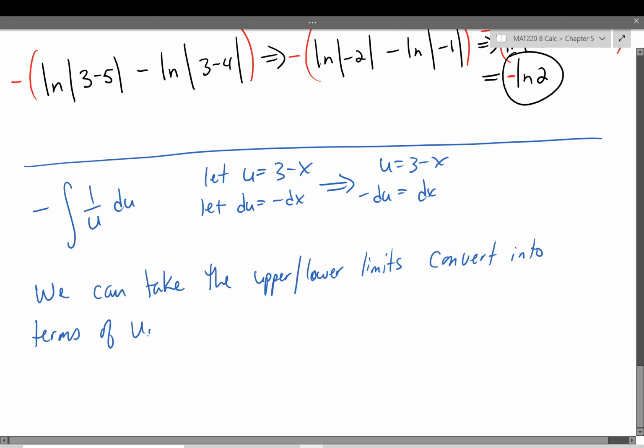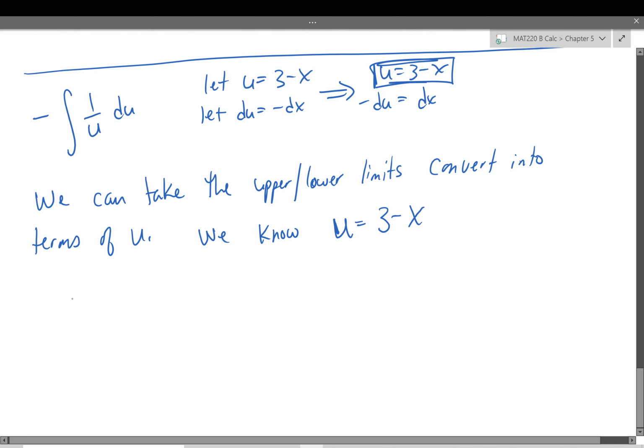In other words, we know that u equals 3 minus x. So my upper limit, I can rewrite as u equals 3 minus 5, which is negative 2. And then my lower limit, I can convert to u equals 3 minus 4, which is negative 1.